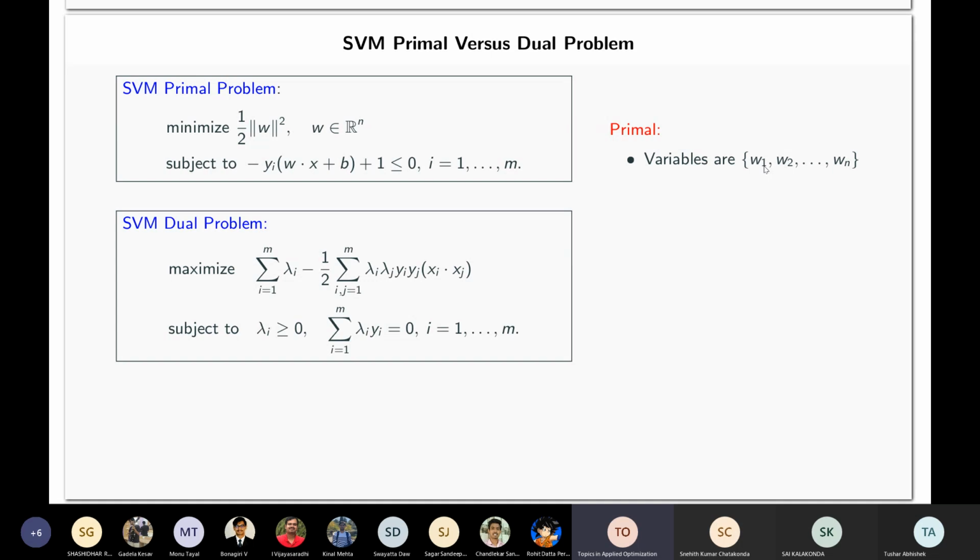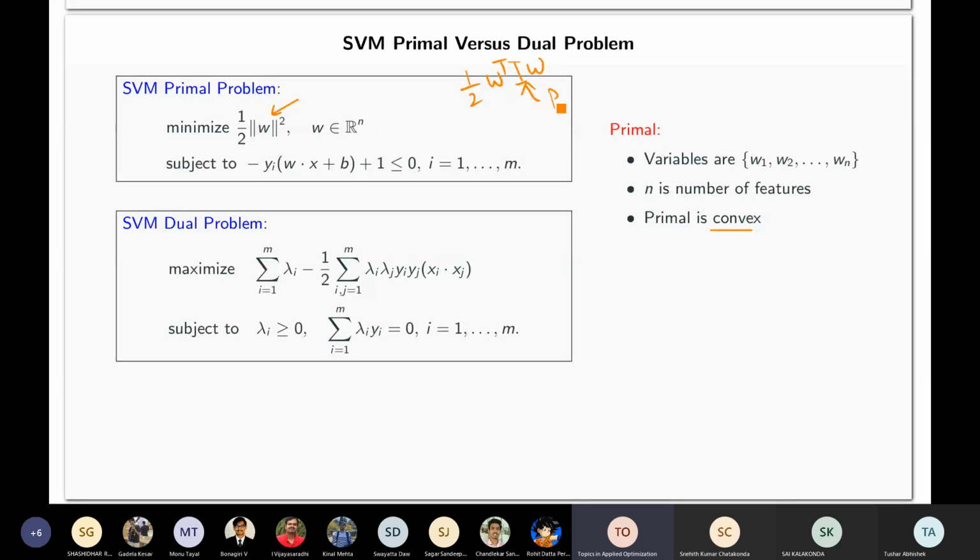So this was our primal problem, and this is our dual problem. In the primal problem, the variables are w1, w2, up to wn, these are the components of the vector w. n is the number of features, and the primal is convex as well. It's convex because we have a quadratic objective of the form half of w transpose identity times w.